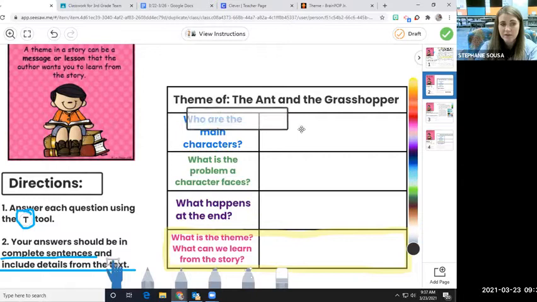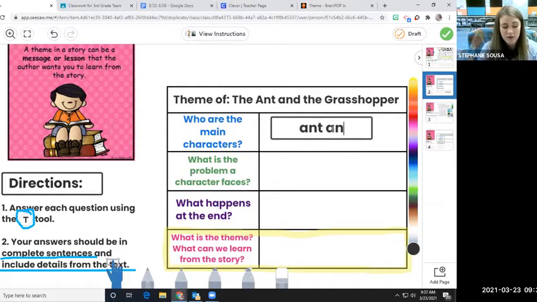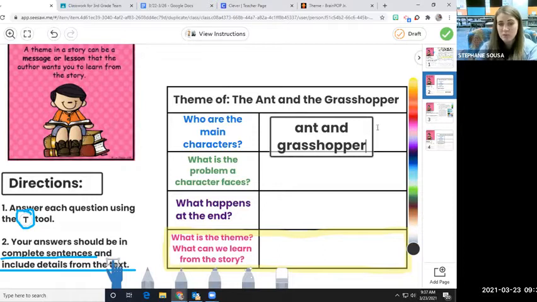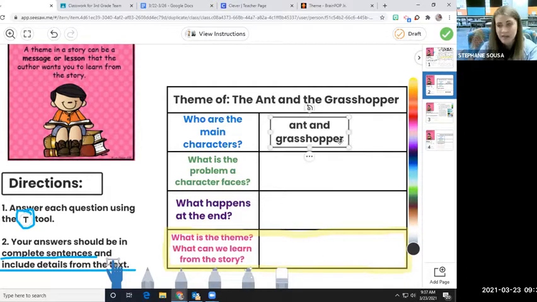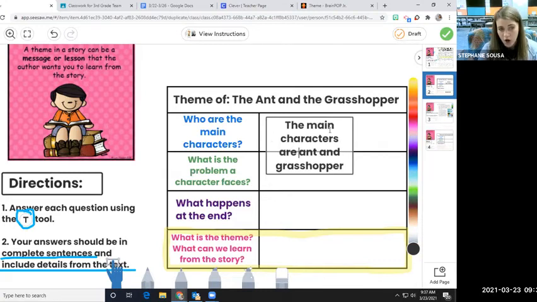So guess what? If I just type ant and grasshopper, Miss Sousa is going to send my work back to me because ant and grasshopper is not a complete sentence. Okay? Ant and grasshopper are names. The complete sentence would say, the main characters are ant and grasshopper.